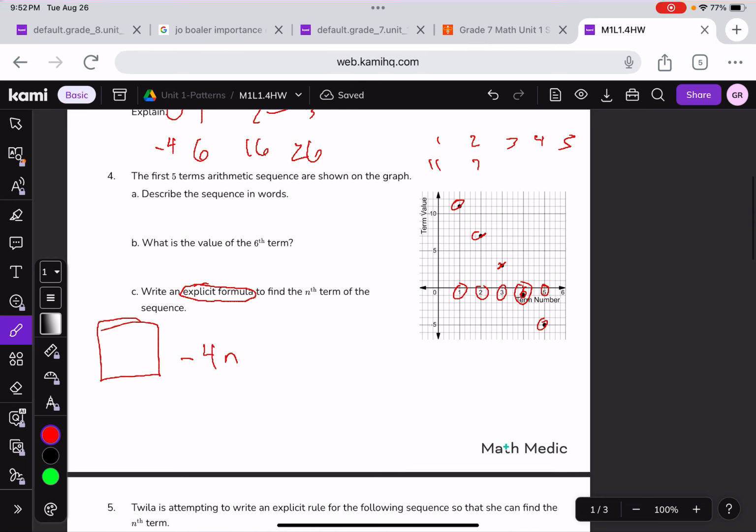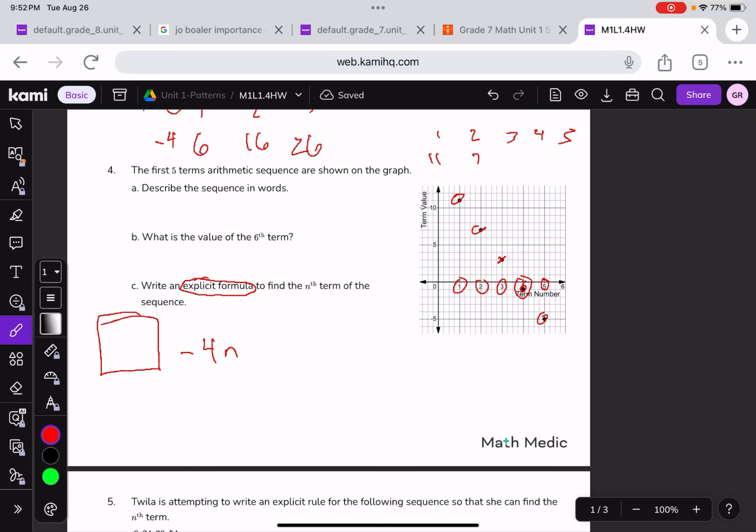A formula can start at 0, or a formula can start at 1, but I'm going to leave this one out in the air because there's some chance that I'm going to want us to do this in our groups, because it's good thinking. But what do you think? What number would work here? Could we try writing 11 there? Is the formula 11 minus 4n?